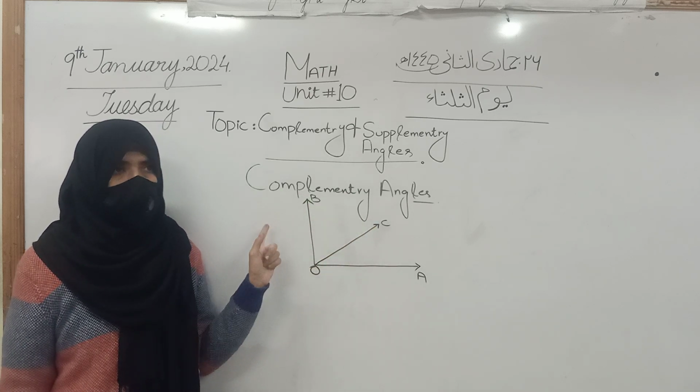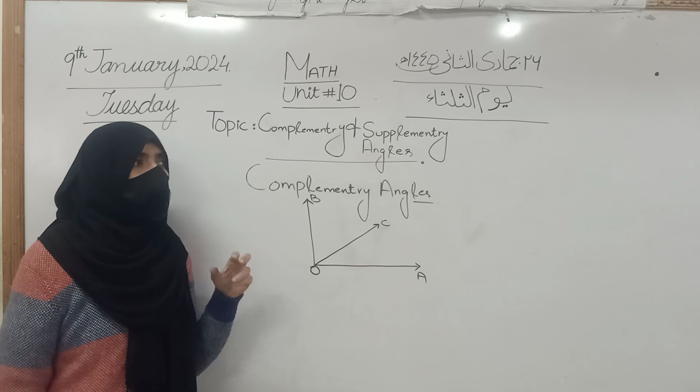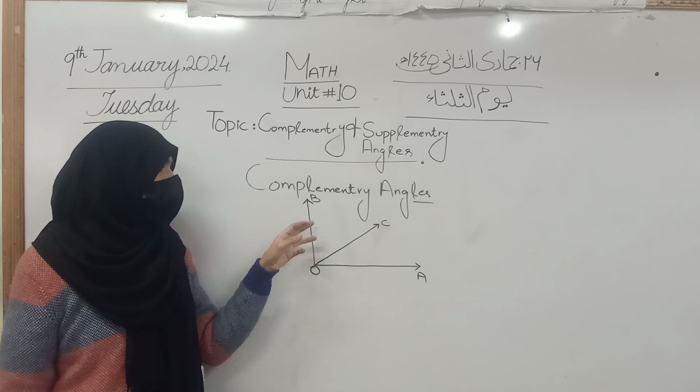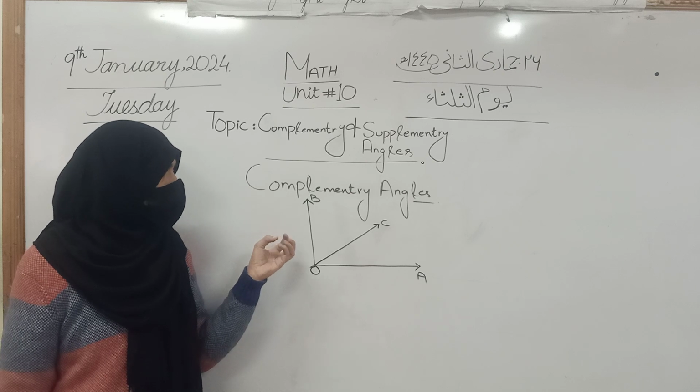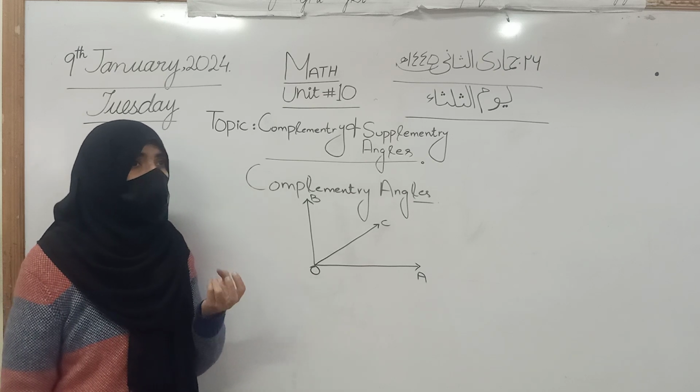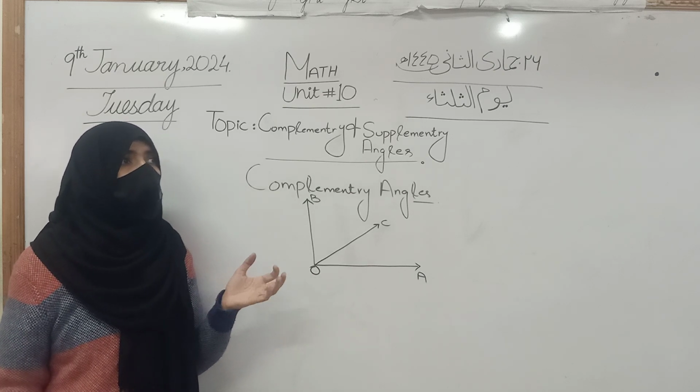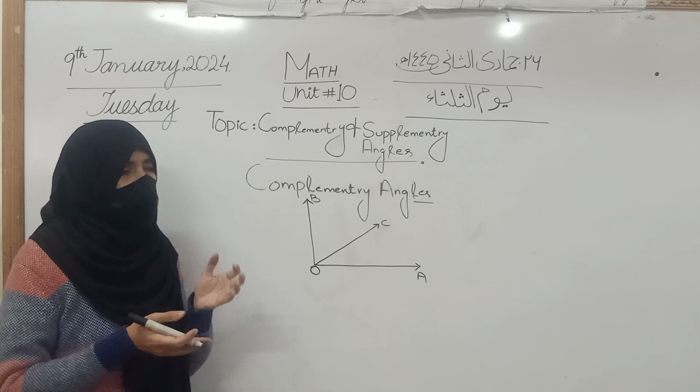In total it was a measure of 90 degrees, and I am explaining to you how we can split an angle of 90 degrees into two, and how the sum of two angles will be equal to 90 degrees.